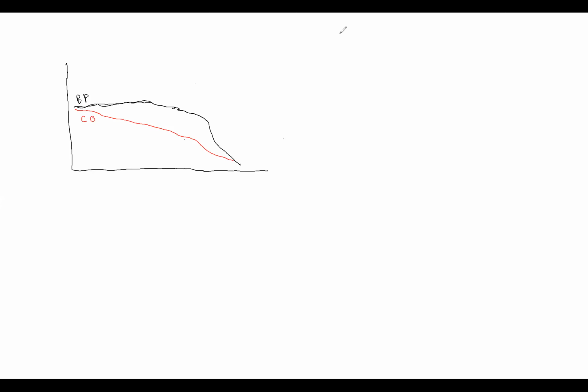It tells me that as this gap continues to widen between what's happening with my cardiac output and what's happening with my blood pressure, I'm seeing the patient compensate. Okay, the patient is still able to compensate. And that tells me a little bit about where they are in their disease process.